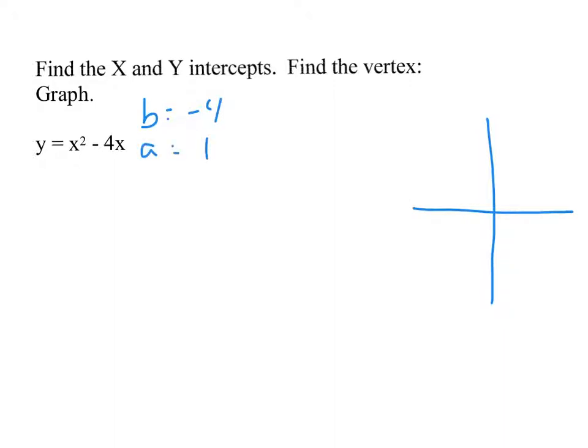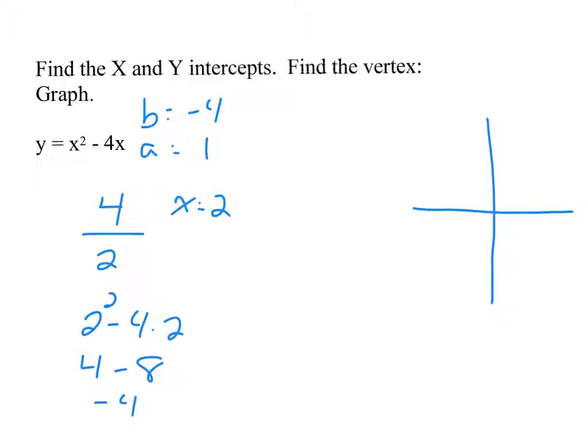So negative b is negative 4, which is 4, over 2 times 1, which is 2. So our vertex is at x equals 2. I'm going to plug that in to get my y. So I have 2 squared minus 4 times 2, which is 4 minus 8, which is negative 4. So my vertex is at 2 comma negative 4, which we'll put down here.